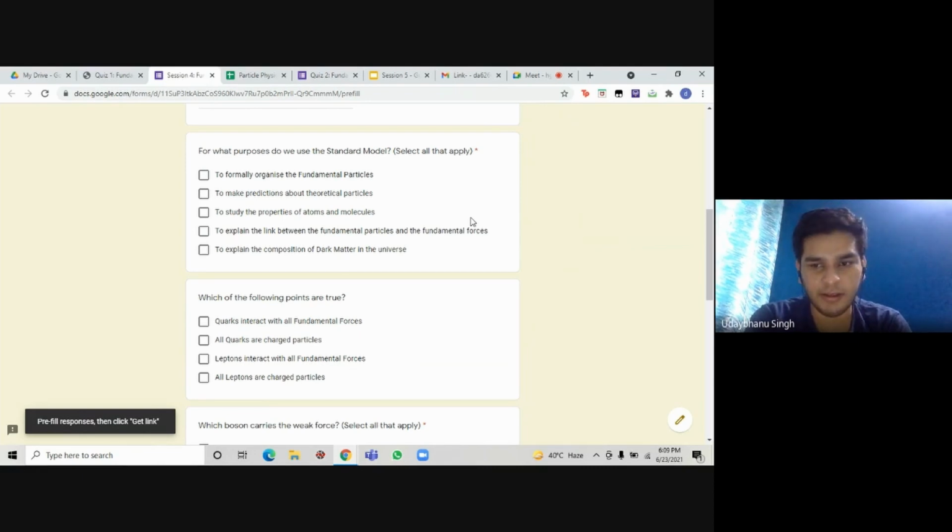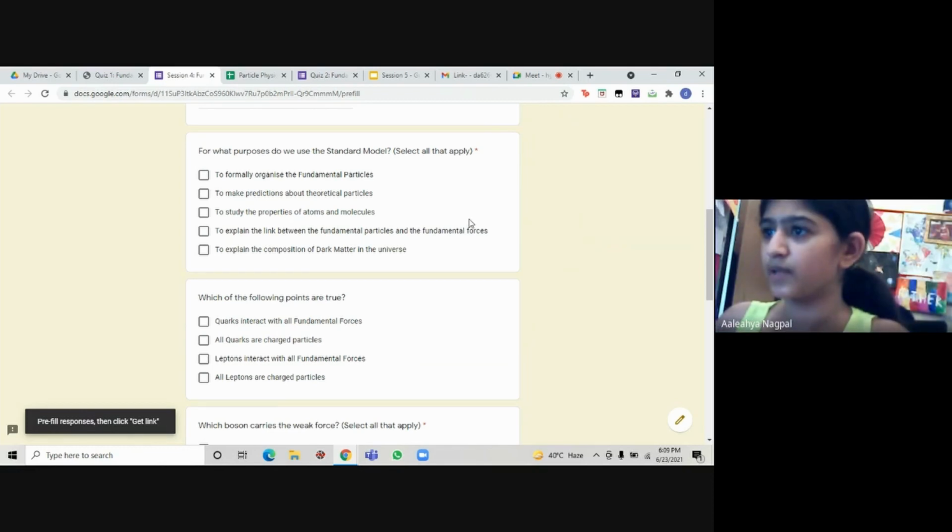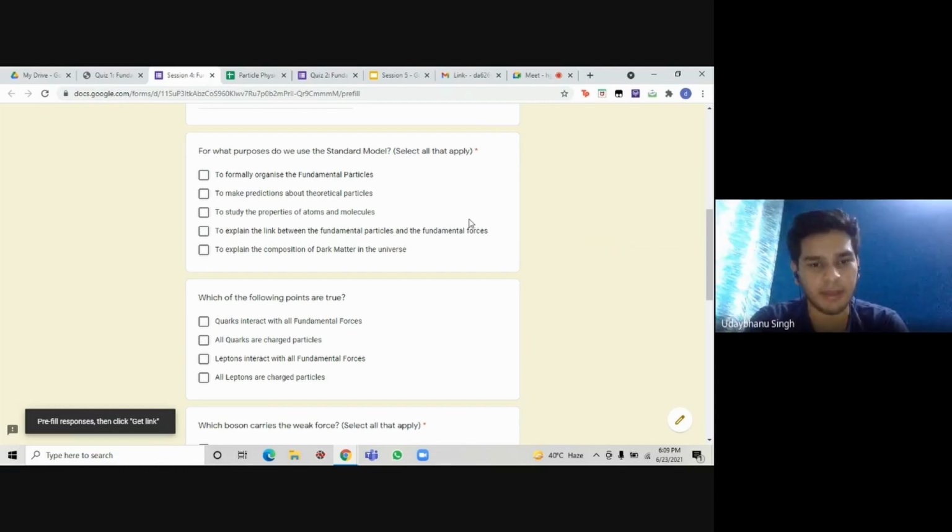Do you think there are any other points that are also valid amongst the five listed here? To formally organize the fundamental particles as well. Yeah, that's correct. So those are two correct points. Anyone else?